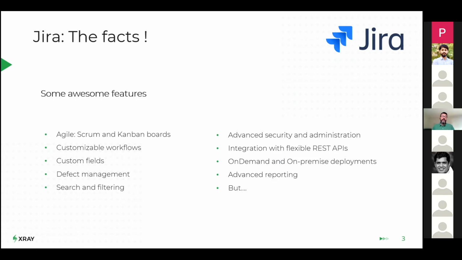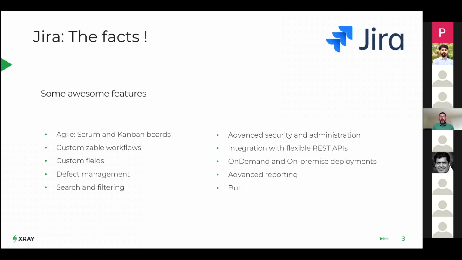It does bring out of the box quite a number of issue types that you are free to use. You can customize workflows and add custom fields. It's great for defect management also. It includes great searching and filtering capabilities, especially when you rely on JQL. You can integrate it with its REST API.